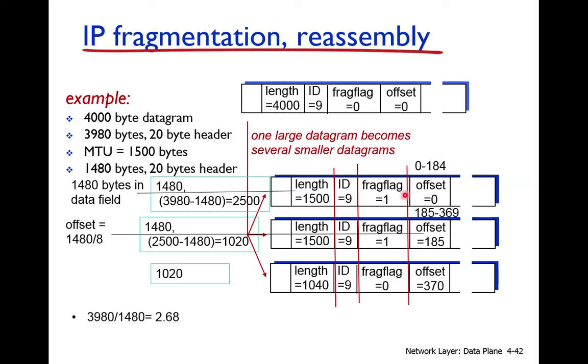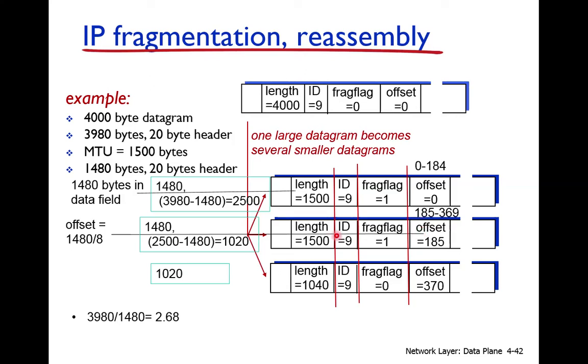This first packet contains the data starting from offset 0 till how much? 1480 divided by 8 becomes 185. Since the offset starts from 0, it contains from 0 up to 184. And this packet contains the data starting from offset 185.